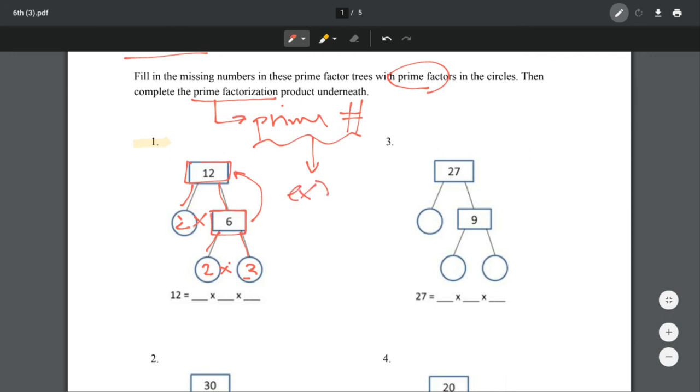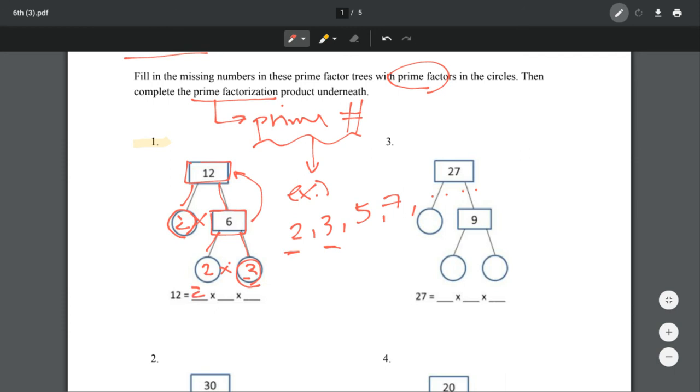For example, 2, 3, 5, 7, and so on, right? And so, are 2 and 3 prime numbers? Yes, they are. There we have our numbers.